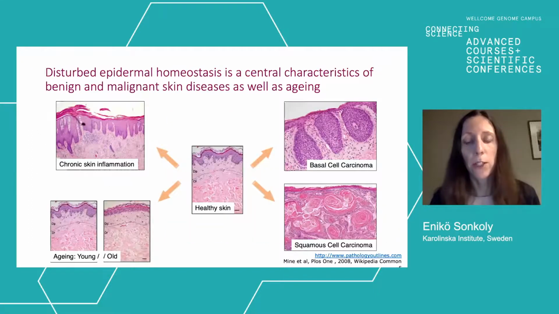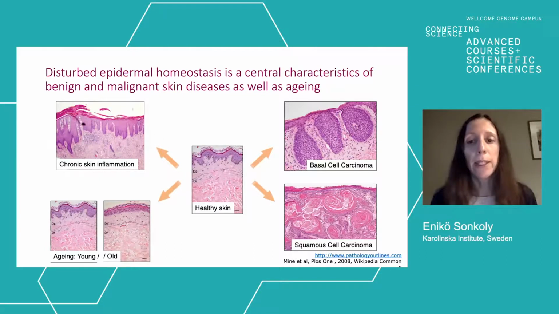And why is this interesting? Partially, of course, for skin biology, it is very important. But this balance between stemness, proliferation, and differentiation is important not only for healthy skin, but also when it gets disturbed, it can lead to different diseases.